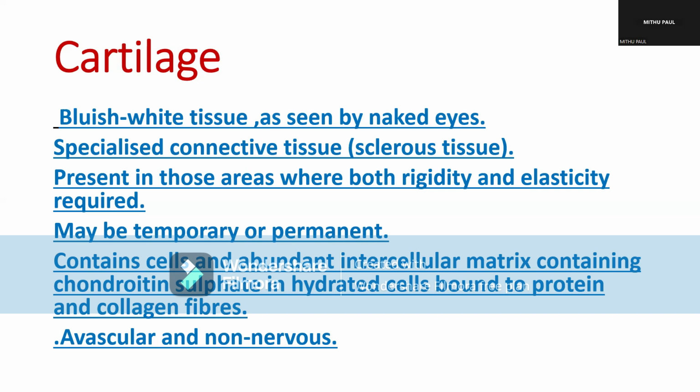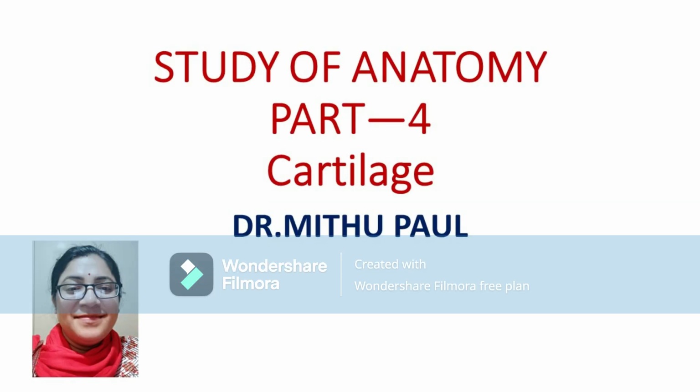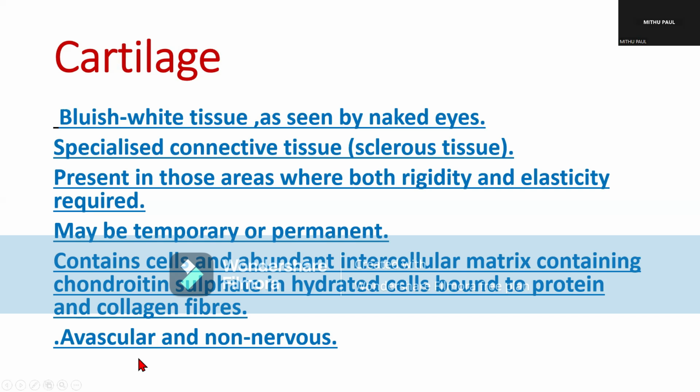So these are like pipeline circulation coming from and going into the heart. But cartilage is such a structure where no direct blood vessel circulation is present. So it is avascular. A means absence, absence of vessels, so it is avascular. It is non-nervous. So any nerve fiber does not traverse through the cartilages.